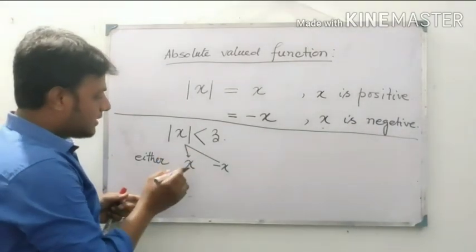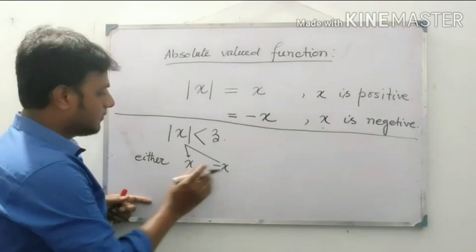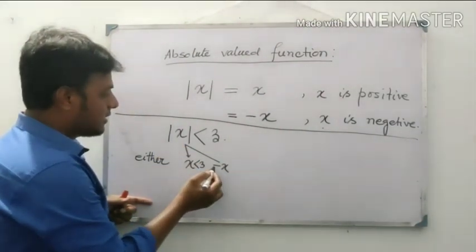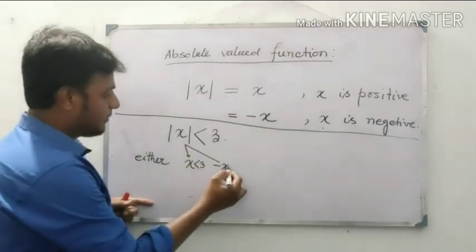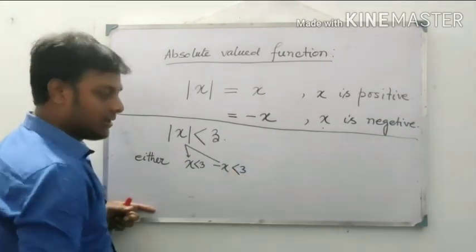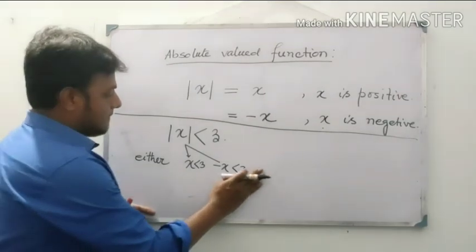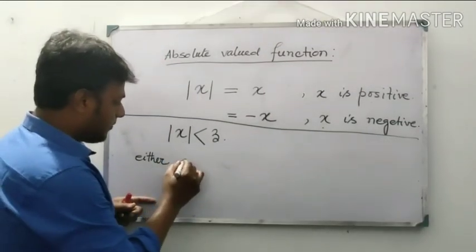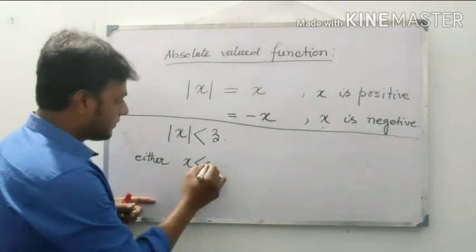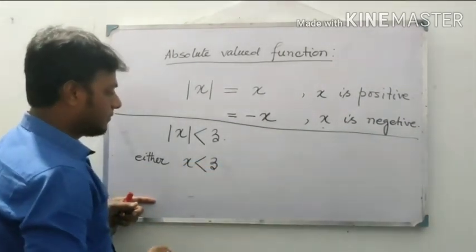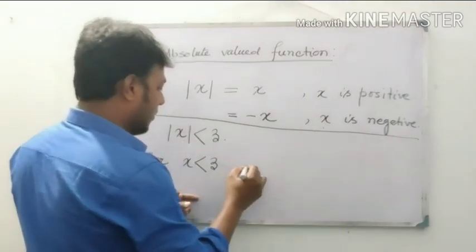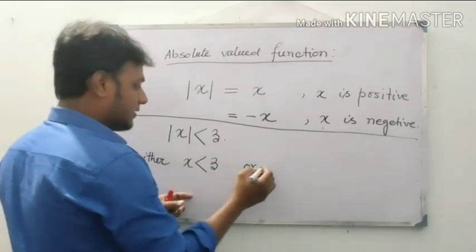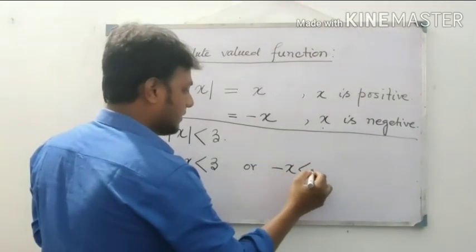So if mod x is x, then it will be x less than 3, and if mod x is minus x, then it will be minus x less than 3. Understood or not? So either x less than 3, or minus x less than 3.